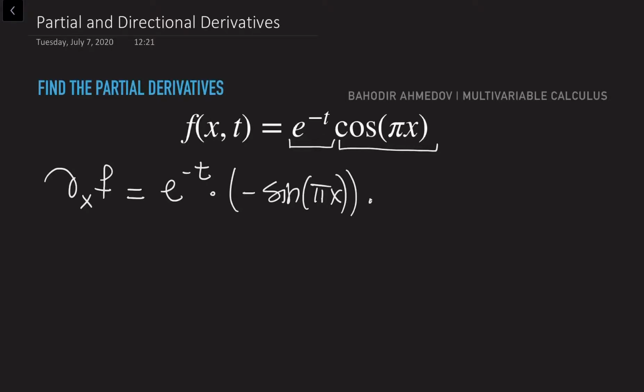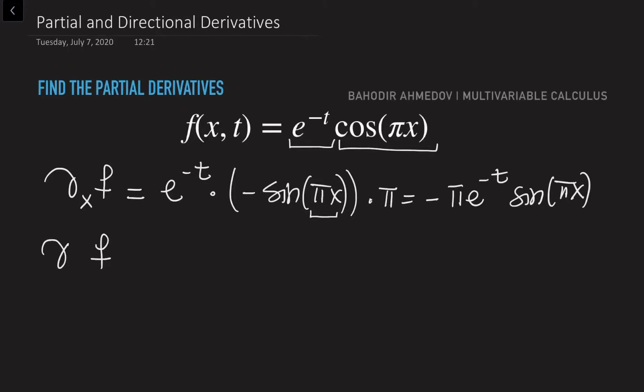So times the derivative of the argument of the sine, which is equal to pi. So the partial derivative is going to be equal to minus pi e to the power of minus t sine of pi x.